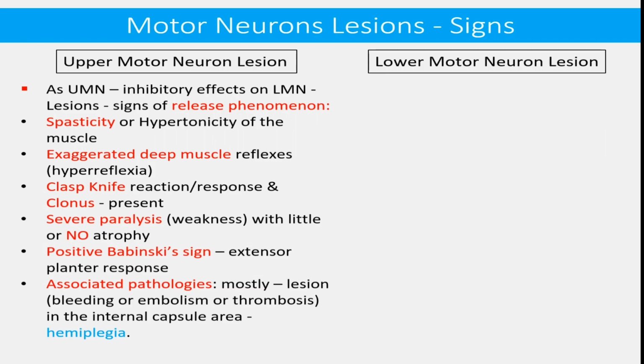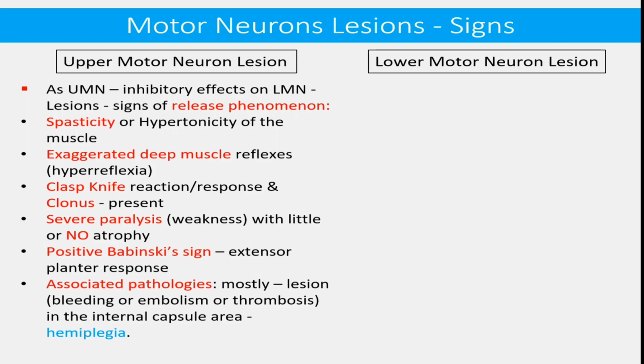clasp-knife response, which is an initial resistance when attempting a passive movement of the limbs followed by a rapid decrease in resistance. And clonus is usually present, which is involuntary and rhythmical repeated muscle contractions.